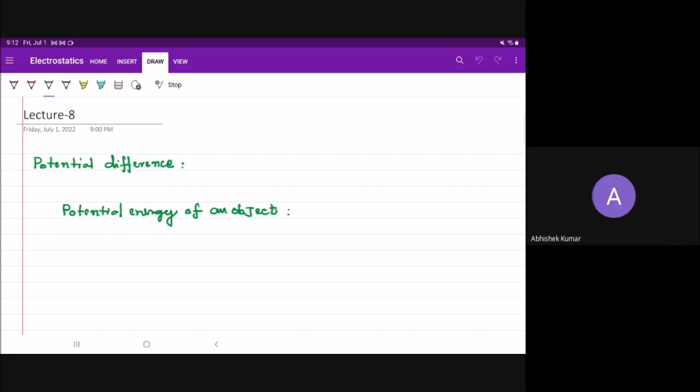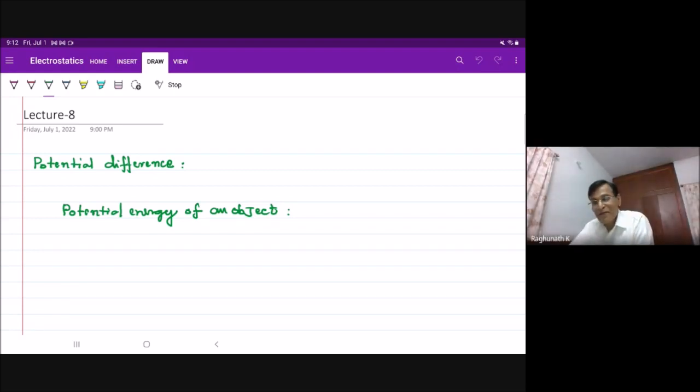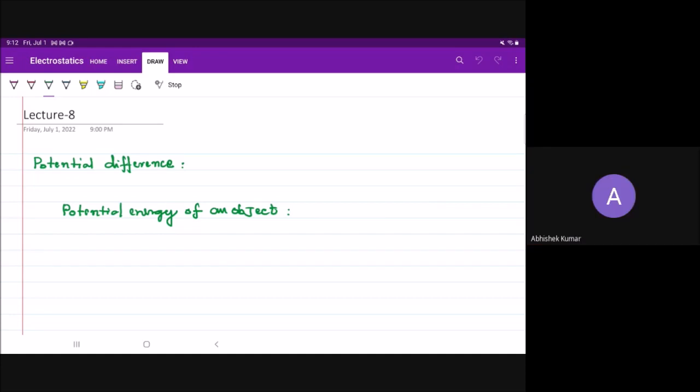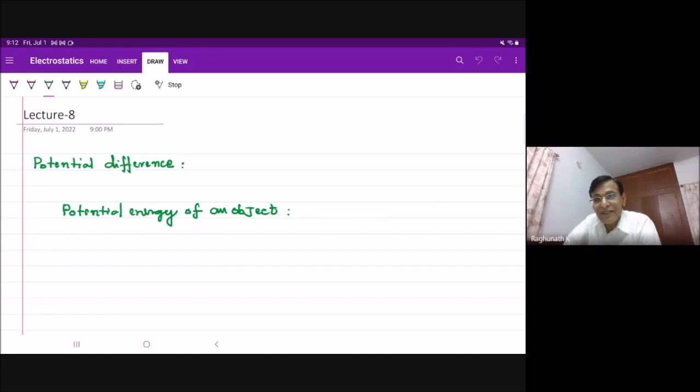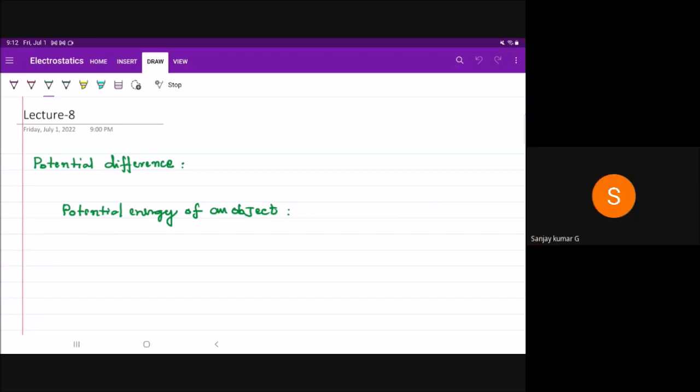The energy possessed by an object by virtue of its position. By virtue of its position only. Configuration.